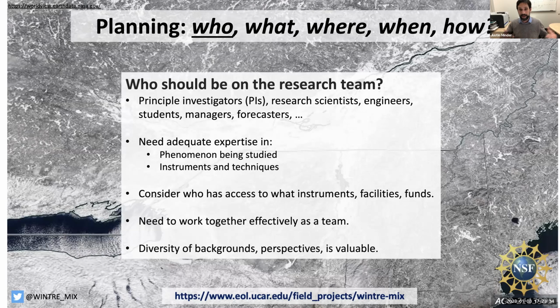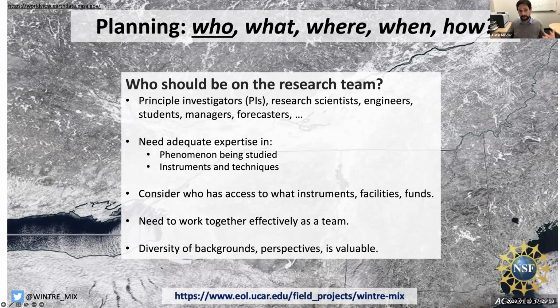You need to bring a lot of people together to make them happen. This includes principal investigators, so these would be the research group leaders in the project, and also people that work under them, such as research scientists, instrument engineers, graduate or undergraduate students, program managers, forecasters. These can all be important members of the team.